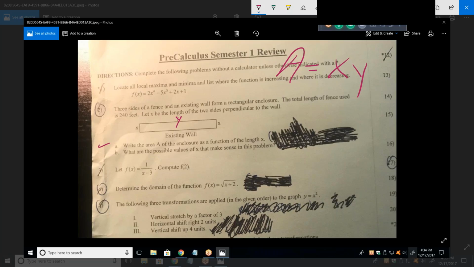What else do we know about x and y based on the amount of lumber we have or the amount of fencing material? That it's 2x plus y. Equals? 240. So if we let y be a function of x, then y equals 240 minus 2x.